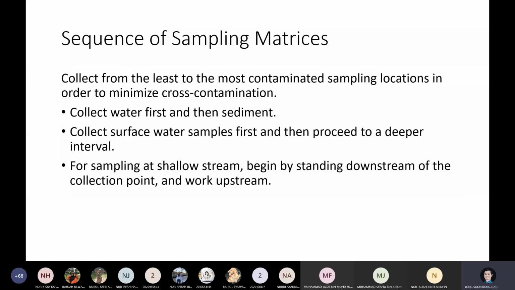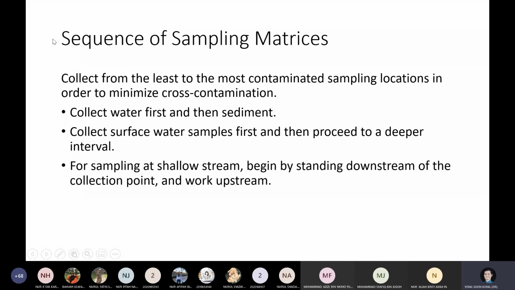You possibly sample air. Air does not mix with water and soil, so no problem. However, most of the time you're going to have trouble sampling between water and soil, because if you sample from the same location, contamination might happen, more so from soil to water phase. So these are the things you need to be mindful of.